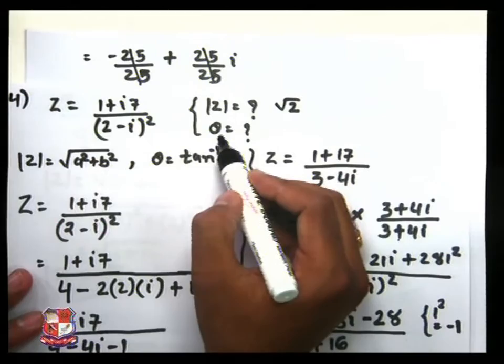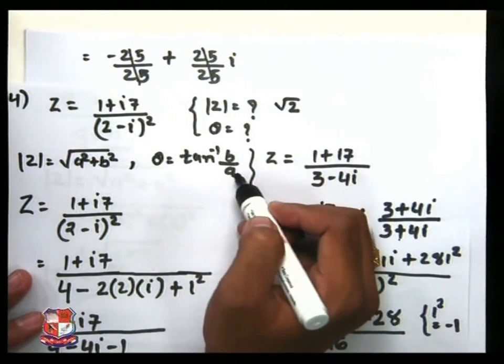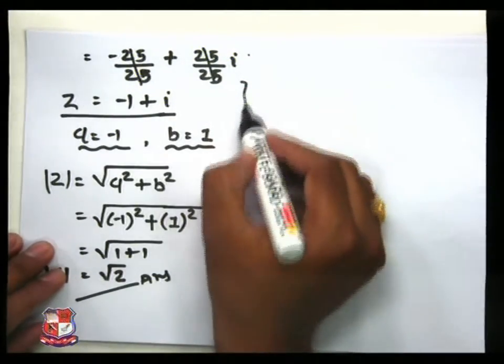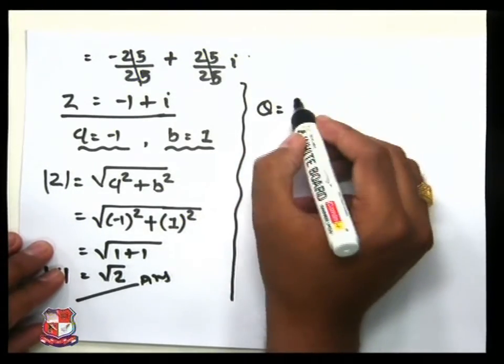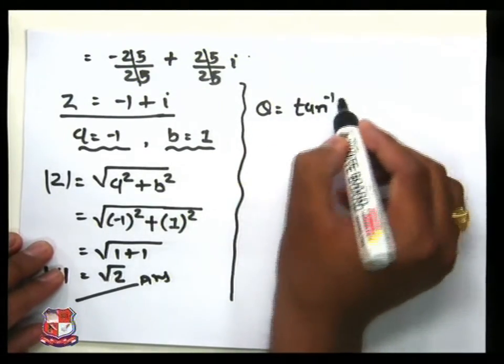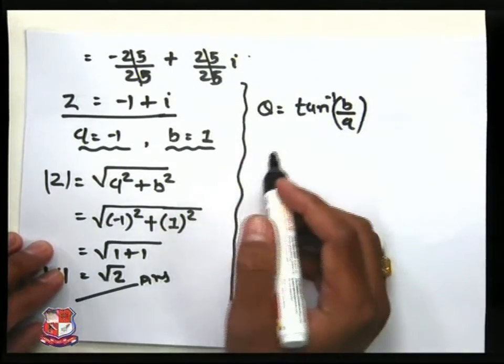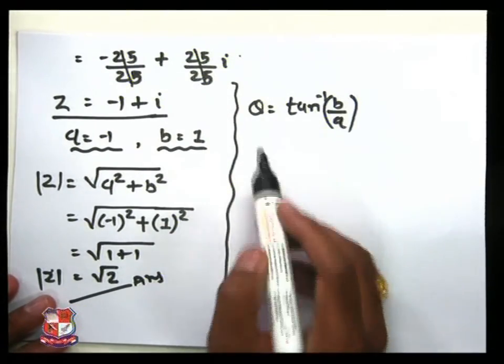Now we want to find out theta. Our theta equation is tan inverse b by a. Now we replace our a value and b value in the theta equation.